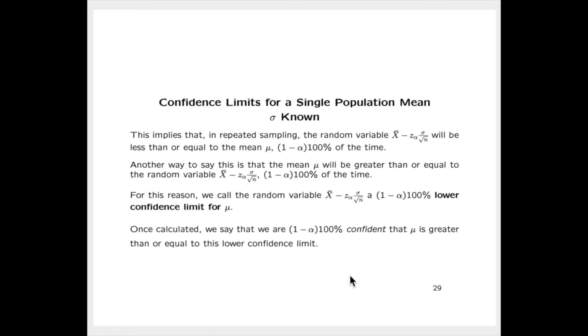And if we think about doing this over and over again, a number of times with the same population using the same sample size, 100 times or 1,000 times or 10,000 times, then the proportion of times that we would get a sample mean x bar for which this random variable would be less than or equal to mu would be 1 minus alpha. Or an equivalent way to say that, the percentage of the time that would happen would be 1 minus alpha times 100%.